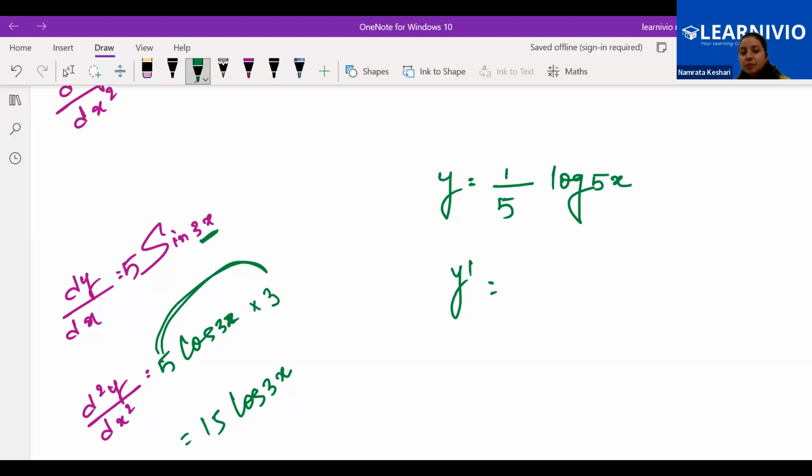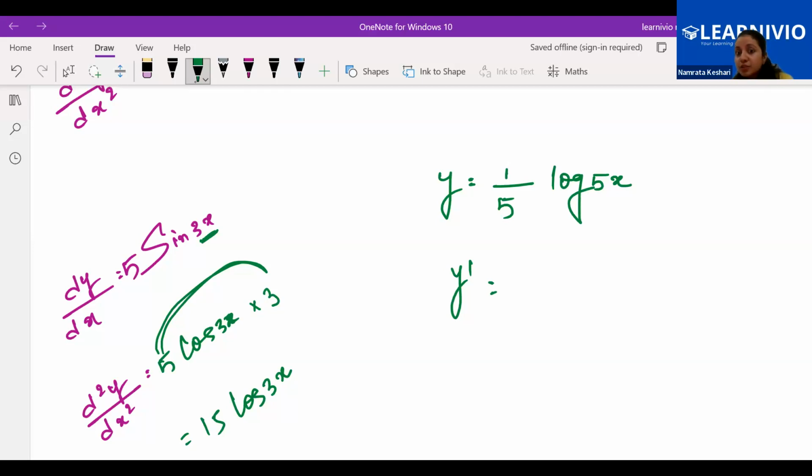Think about it and let me know. It is exactly like the previous two examples. Derivative of log x is 1 by x.